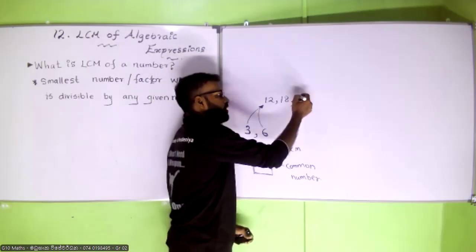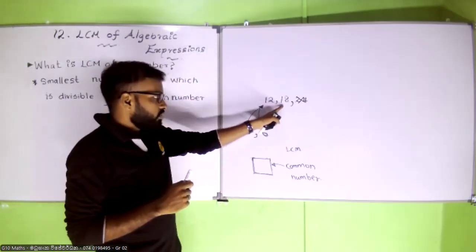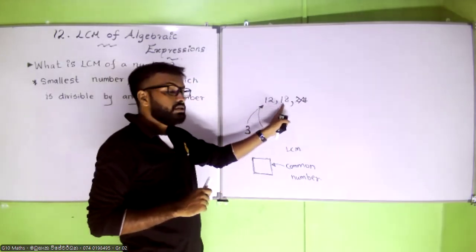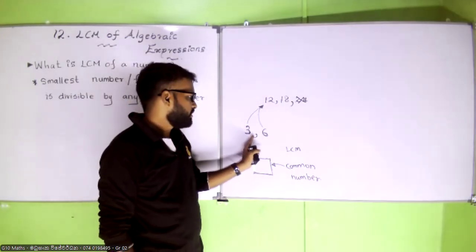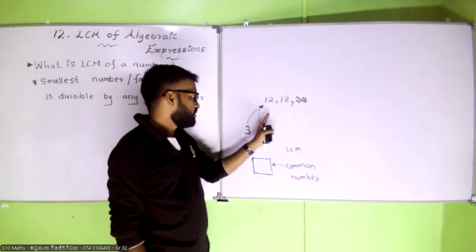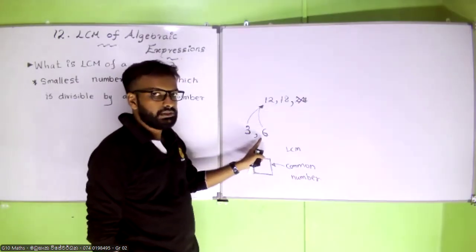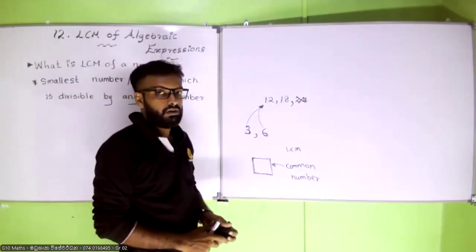So this is not the smallest. 18 is also not the smallest number. 18 can be divided by 3 and by 6, but 18 is not the smallest one.